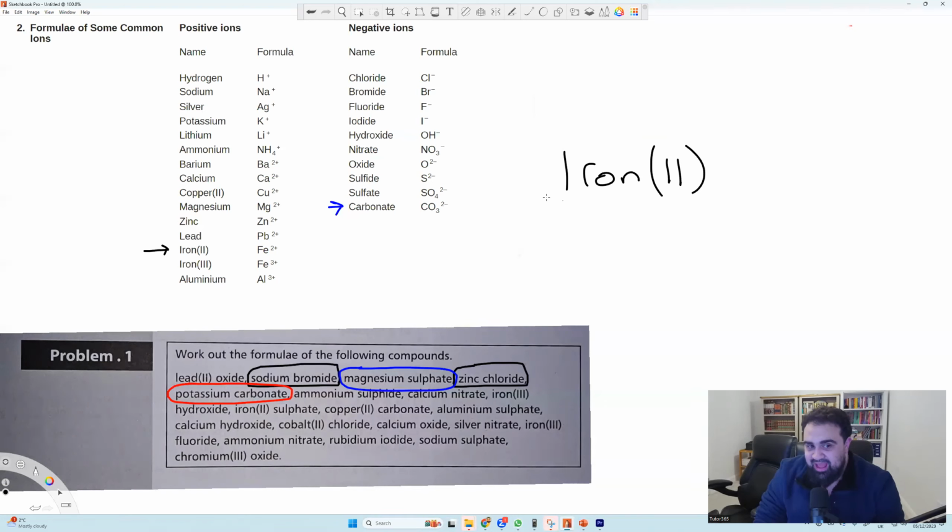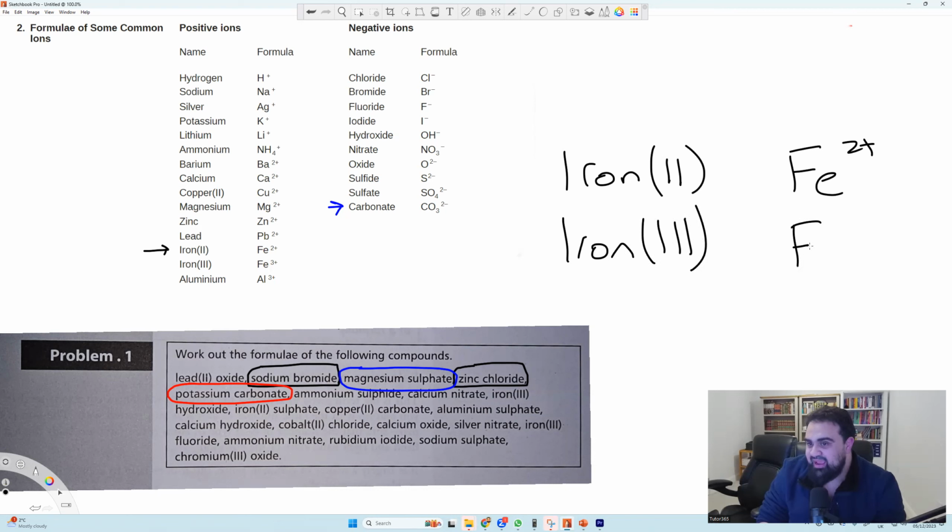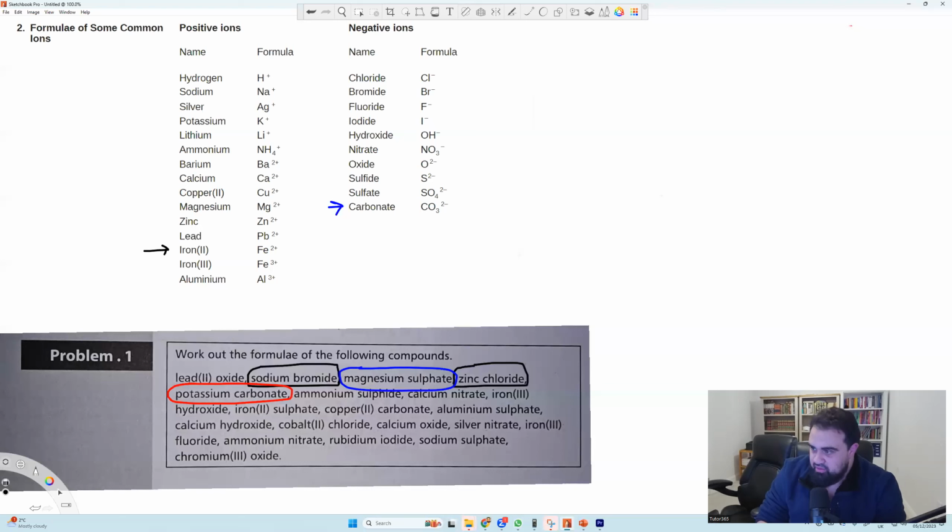That 2 is Roman numerals, and its value is 2. So it makes a 2+ charge. When a transition metal has III, like this, it makes a 3+ charge. This only happens for transition metals. You see this business here.